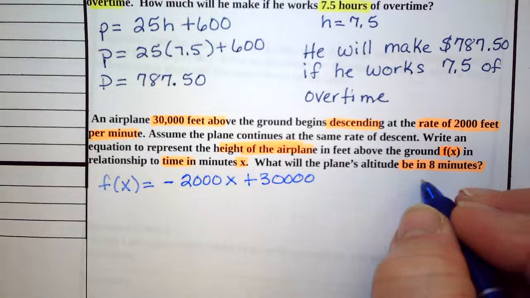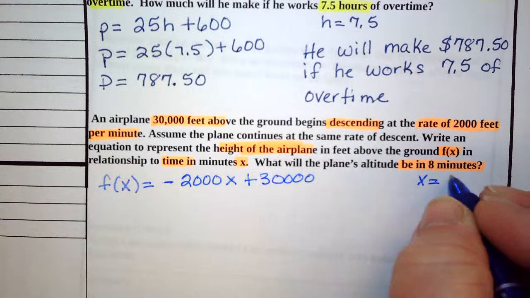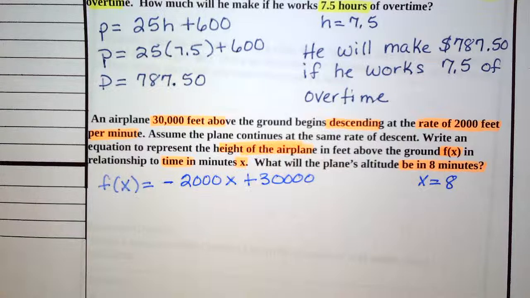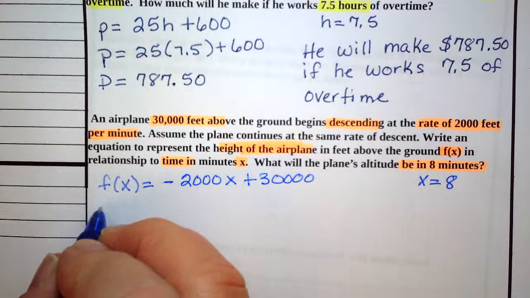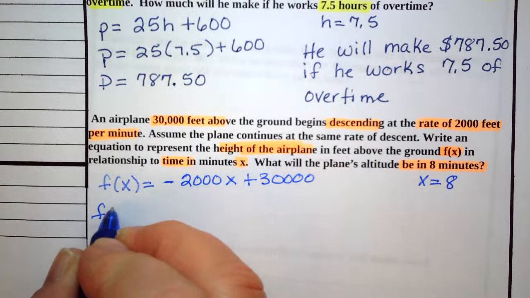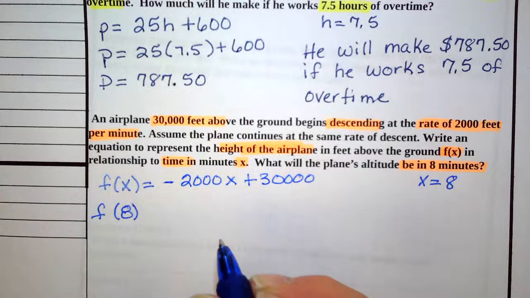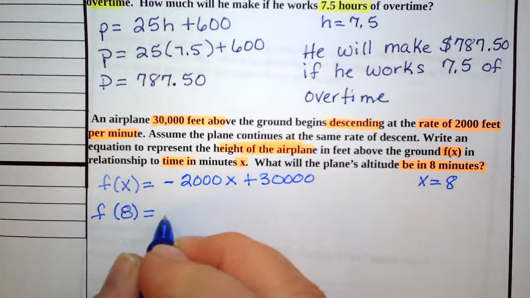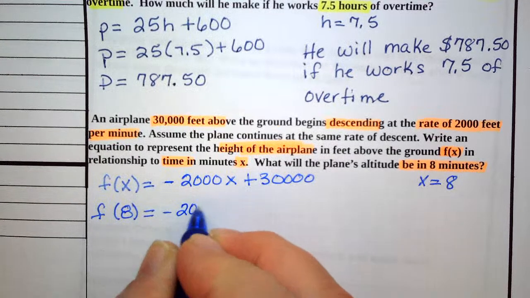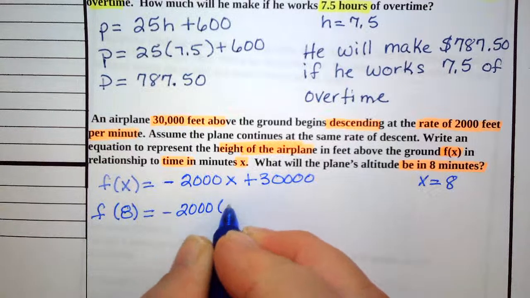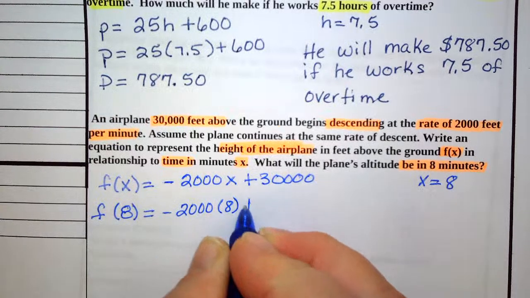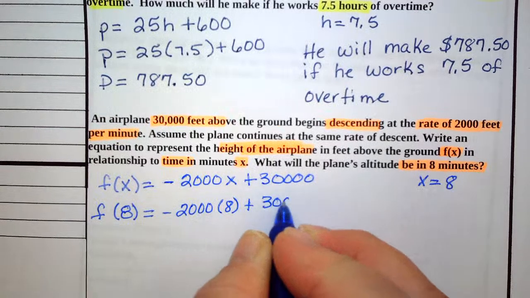But what will our x be? X is equal to 8. So when we take our function, which is that expression, and we put 8 in for x, we get negative 2,000 times 8 plus 30,000.